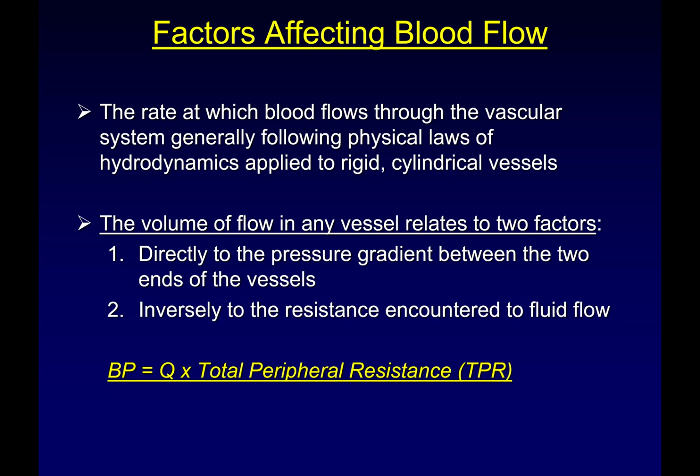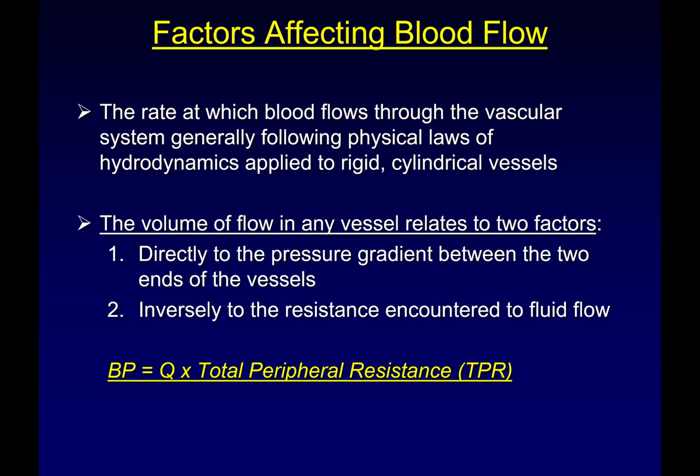Very, very simple. This is why blood pressure is so important. And this is why the size of the blood vessels matters so much. Blood pressure is equal to cardiac output multiplied by something called total peripheral resistance. Total peripheral resistance is just the net of vasoconstriction and vasodilation of all the blood vessels downstream of the aorta.